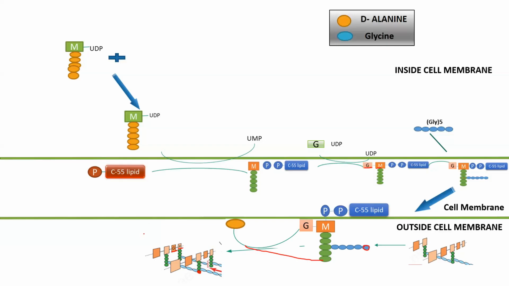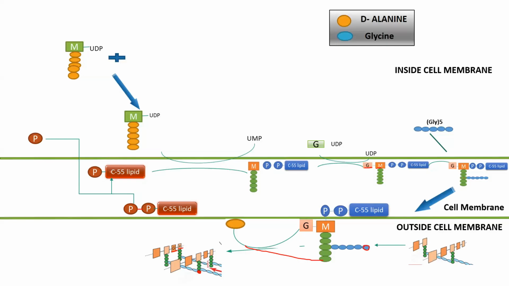And when this alanine molecule gets off, the dephosphorylation of the C55 lipid carrier occurs. The diphosphoryl form gets converted to monophosphoryl, and this is how the cell wall is formed.